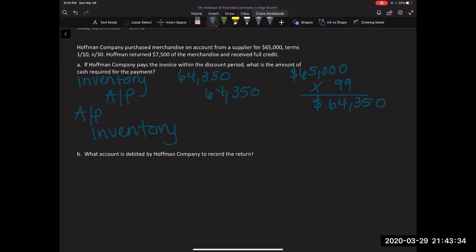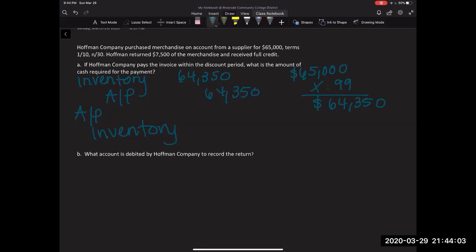If you bought this inventory with a discount, you can only return it with the same discount applied, okay? So it would not be $7,500 that you would get back. Just imagine that you bought something from any retail store and you gave them a coupon.